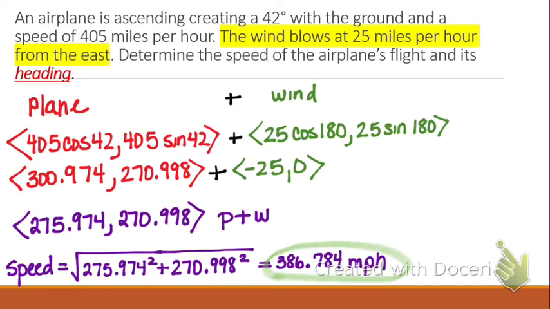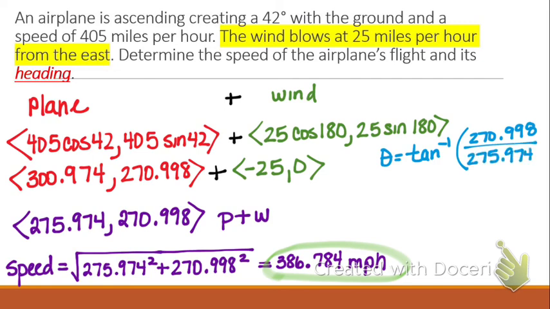All right, so now let's find our direction. So when you're finding your direction, that's the inverse tangent of y over x. So that would be 270.998 all over 275.974, which is going to give you a theta of approximately 44.479, but it's asking you for the heading.